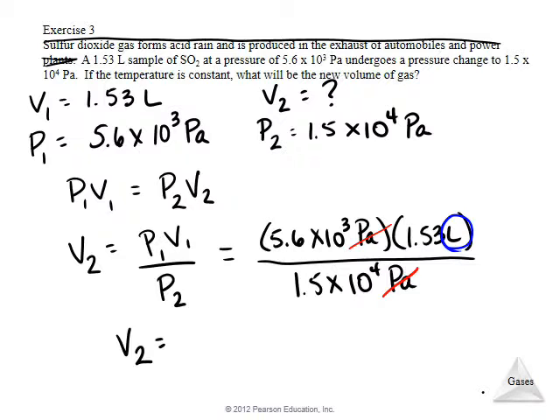How many significant figures do you have here? 2. How many here? 3. How many here? 2. And so your significant figures need to match the least number of significant digits in your parts of your problem. And so our answer needs to have 2 significant digits. So I'm going to round that off to 0.57 liters.